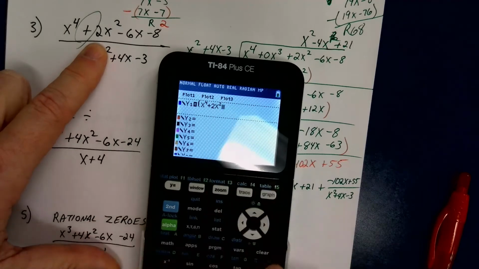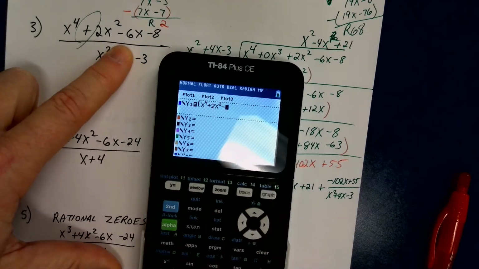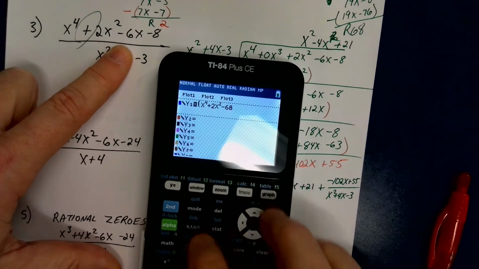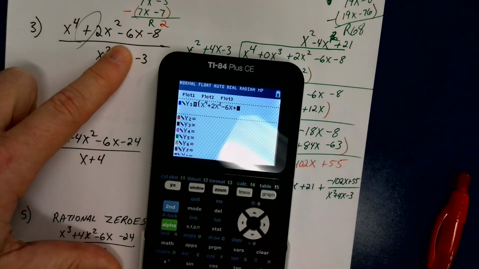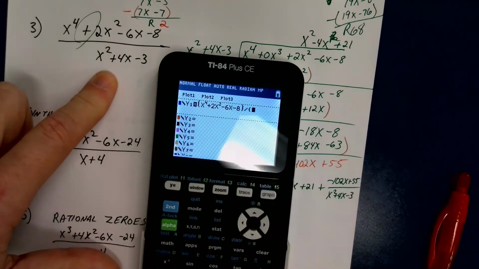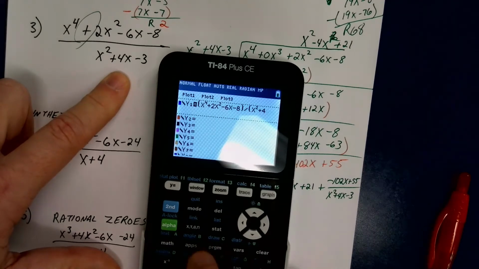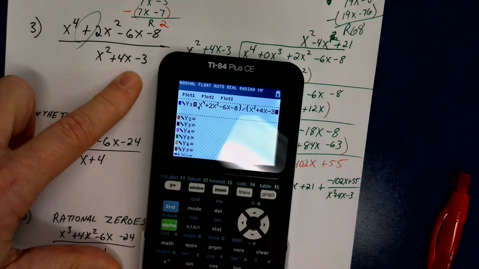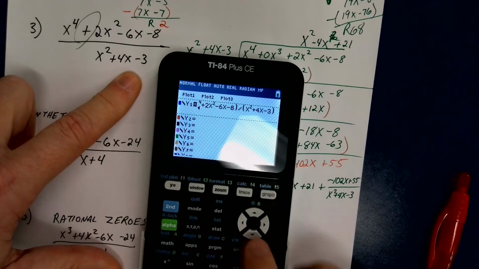I don't have to put the placeholder in here on this one. Minus 6x minus 8, close parentheses, divided by parentheses, x squared plus 4x minus 3, close parentheses.